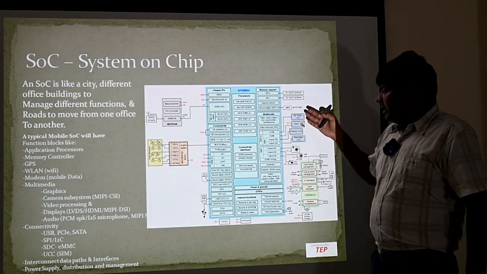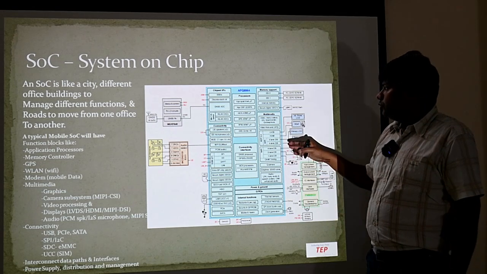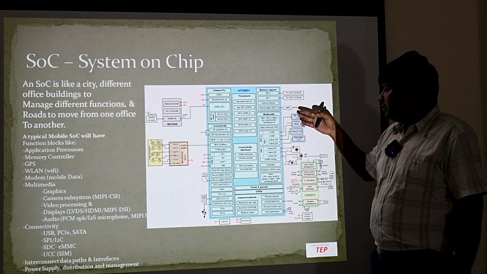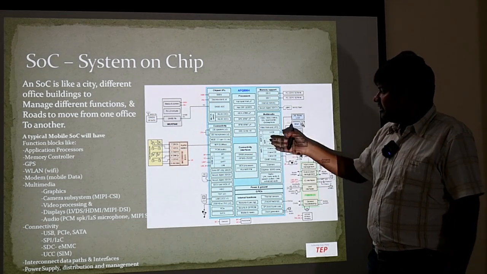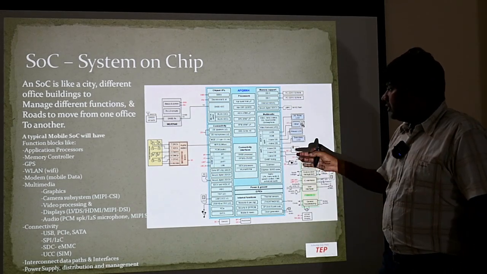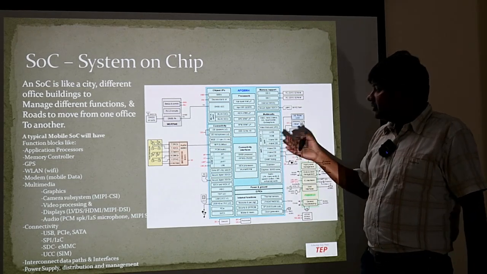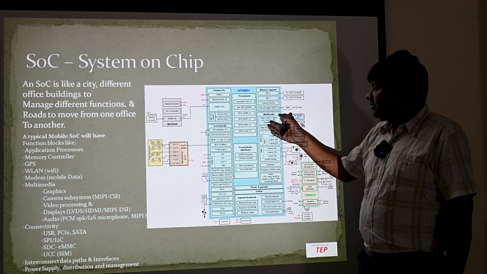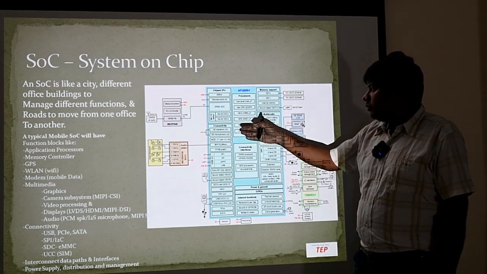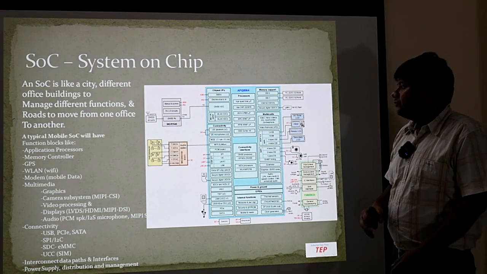This is a typical mobile SOC: application processor, memory, multimedia, wireless LAN connectivity, GPS, support for peripheral devices like an eMMC card or your SIM card, or sound related systems, where you can connect through multiple protocols like I2S, and a microphone will be connected.